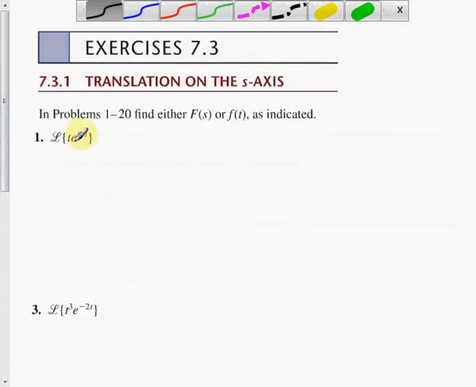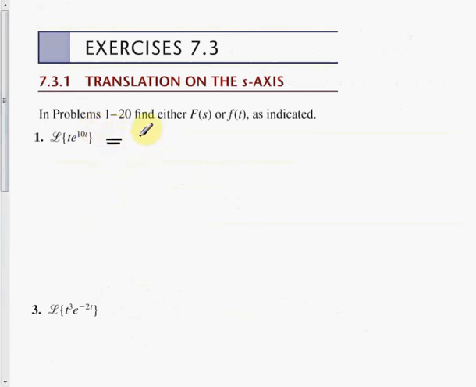Look at these problems here. See that e to the 10t? That's the translation. Here's what it says. It's very easy. It's the Laplace transform of t, but here s is shifting. You know the Laplace transform of e to the 10t is 1 over s minus 10, right? So this is basically s going from s to s minus 10.